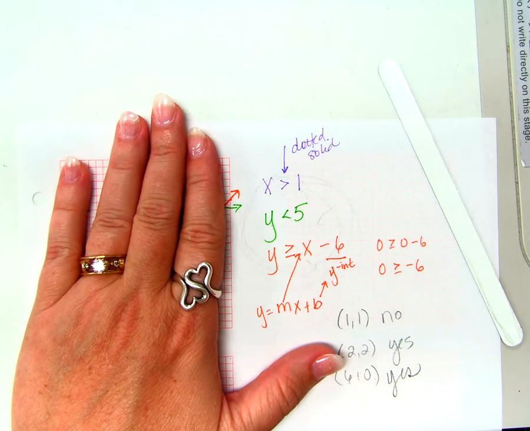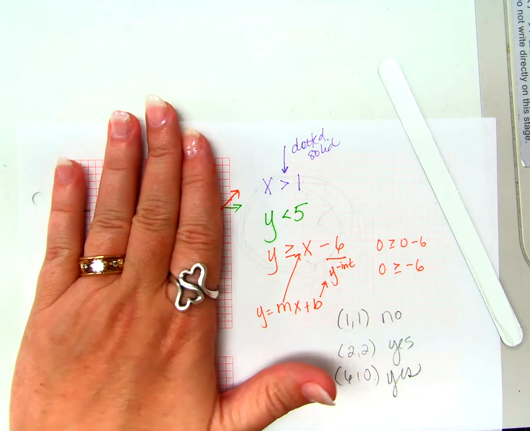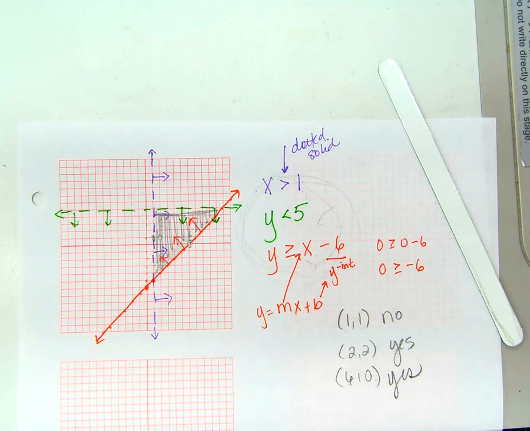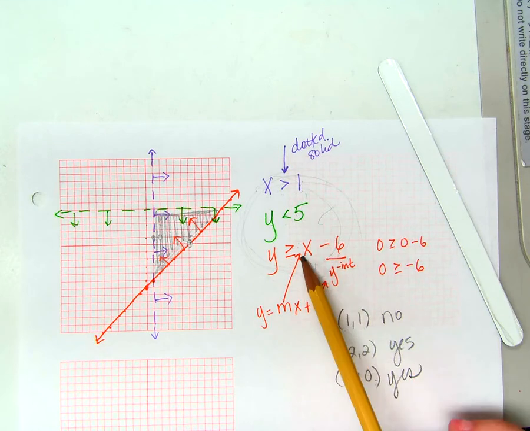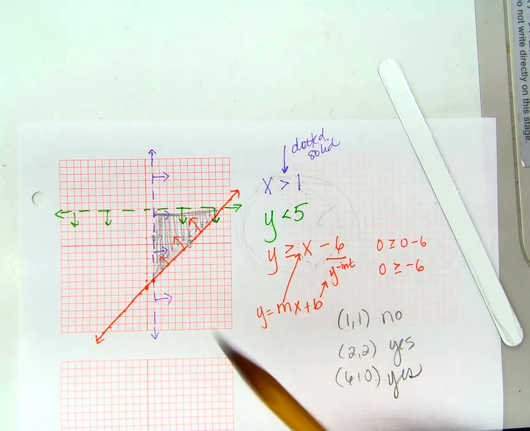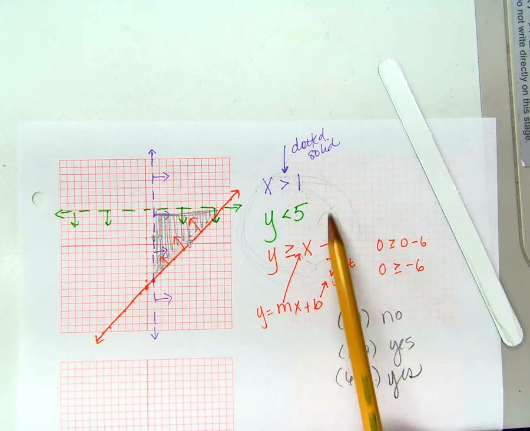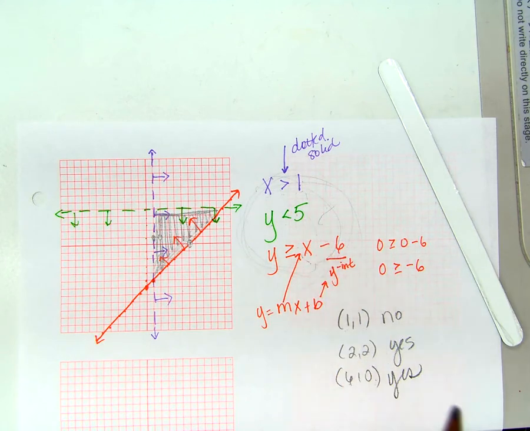Perfect. Just plug it in. That's exactly right. Hard or easy? Easy. The other thing that you're going to have to do on your homework is I'm going to give you a system of inequalities, and you're going to have to graph it. One question on, here's the system, is this point a solution? Four questions on, here's the system, graph it.